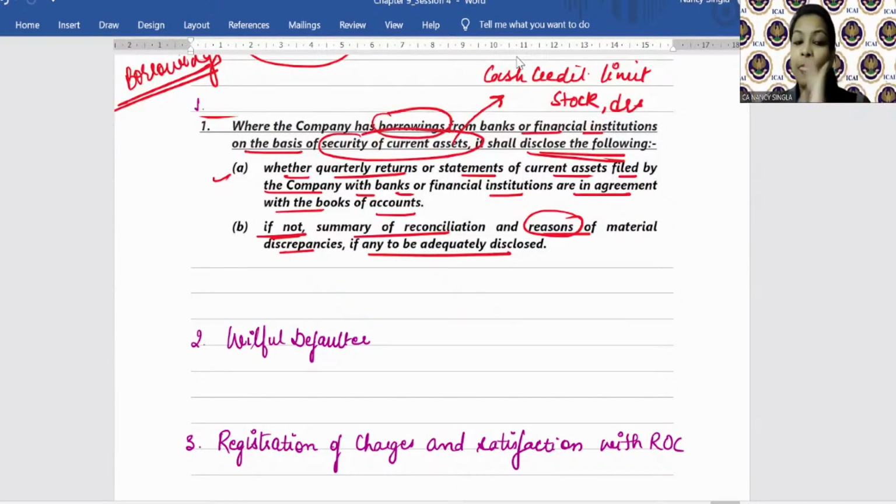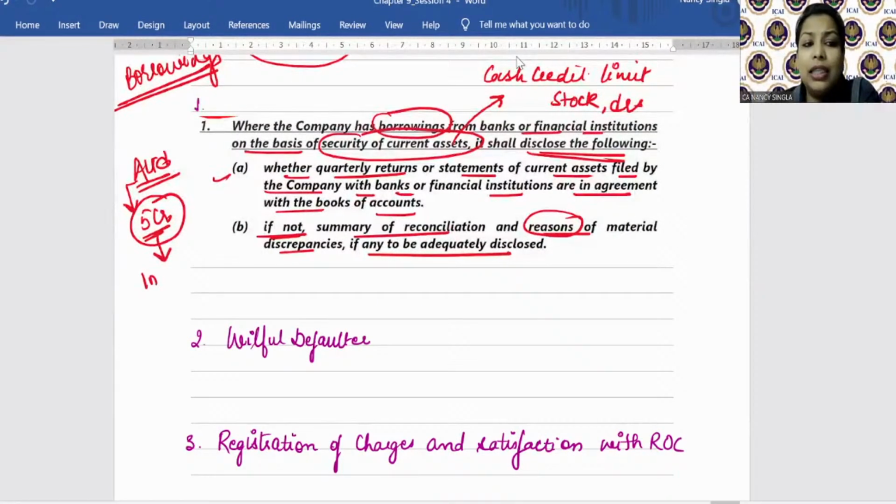So what is this? Let's say A Limited is our client and it has taken a CC limit borrowing of 5 crore from a bank, and as security, the company has given its inventory. So the company will be required to file quarterly returns with the bank, returns of the quantity and amount of stock present with A Limited.